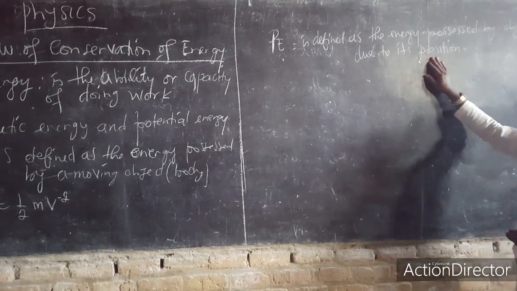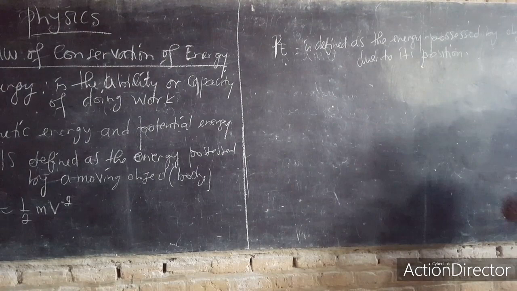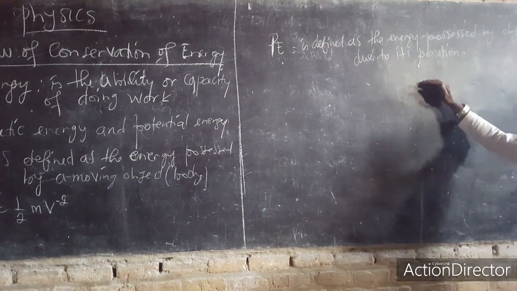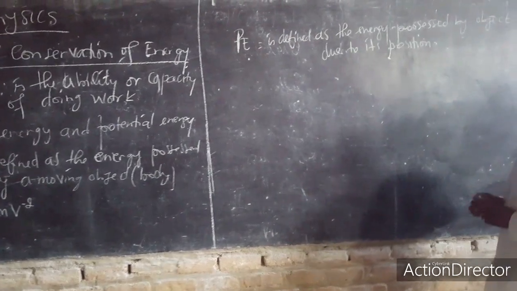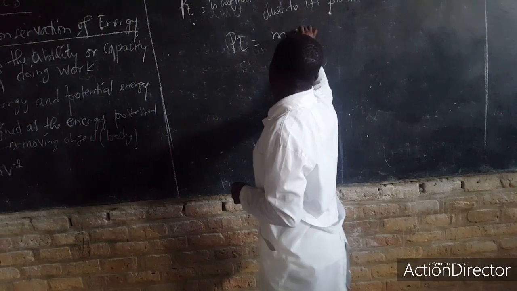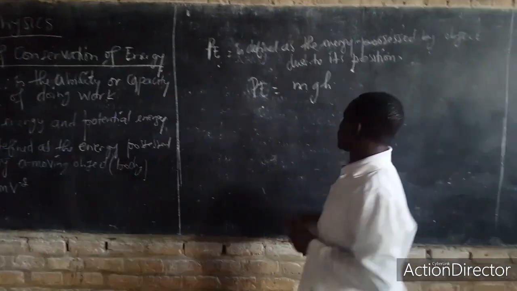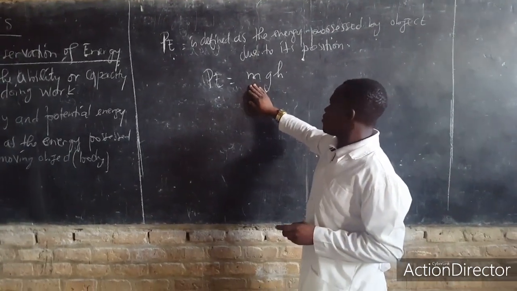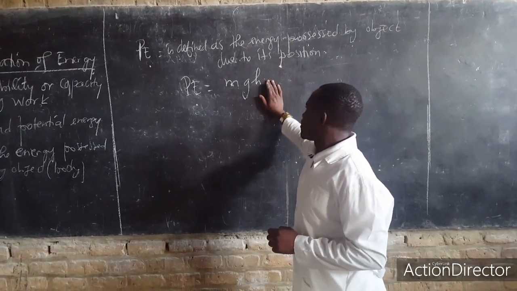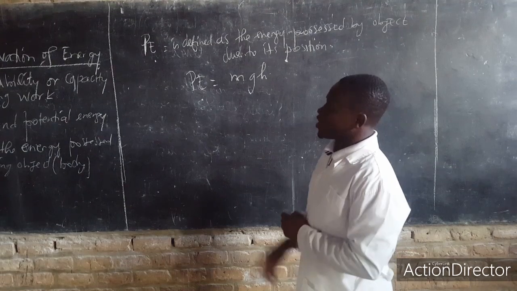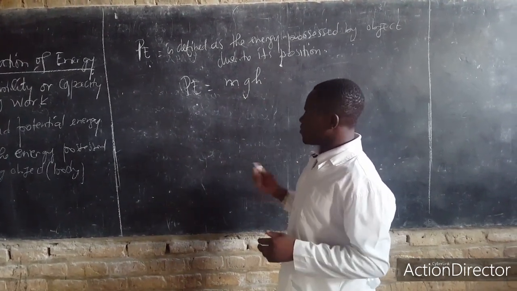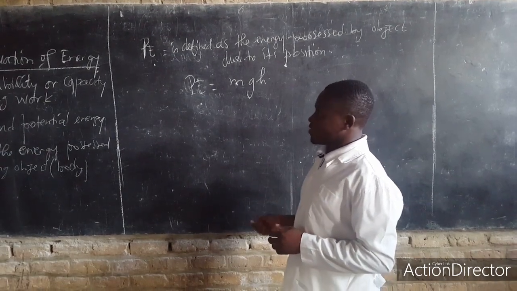But this position is in vertical direction, meaning it is an upward motion from the ground. Mathematically, potential energy is represented by mgh, where m is the mass of our object, g is the acceleration due to gravity, and h is the height at which our object is from the ground or other reference.